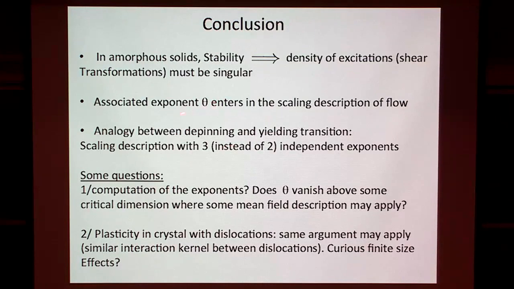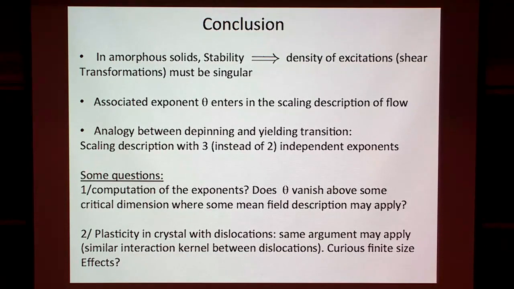Then once you have that, it's very tempting to propose this direct analogy between depinning and the yielding transition. And then the key difference with the depinning transition is that you need 3 distinct exponents instead of just 2.